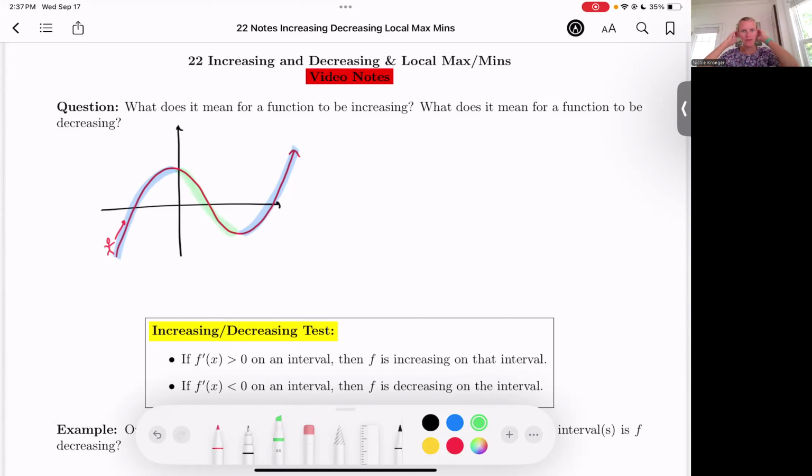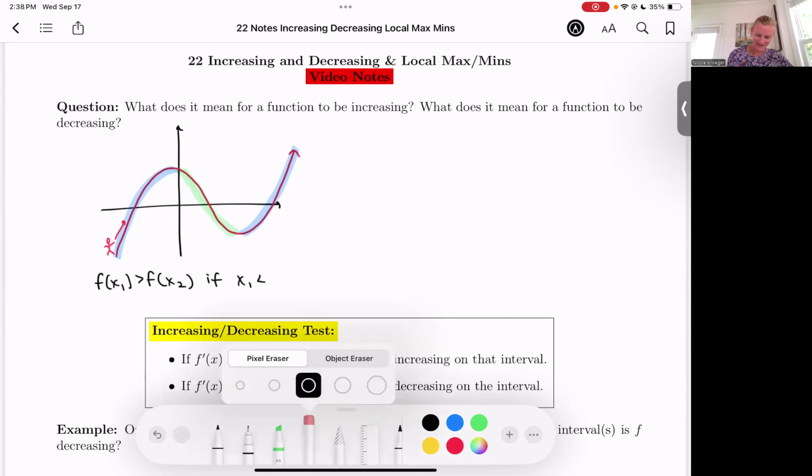You could describe increasing as meaning that the y values get bigger as the x values get bigger. So that f of x1 is less than f of x2 if x1 is less than x2. I got my inequalities wrong here, sorry.